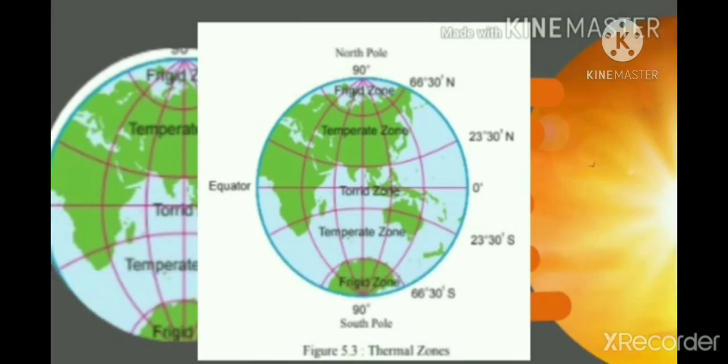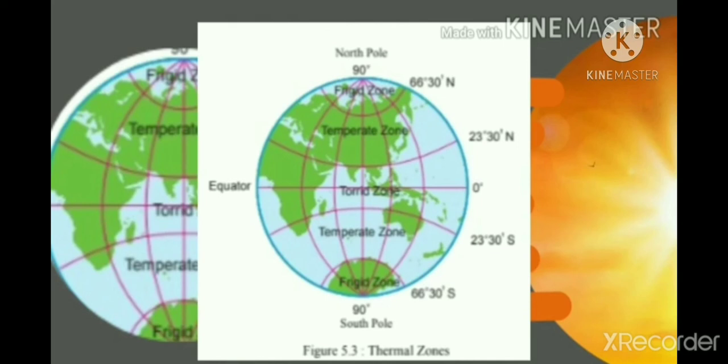Now you can see here the sun rays falling on the earth are parallel to each other. Yes, and here the spherical surface of the earth is there, right? Because of this, there is difference in the temperature in the different areas.